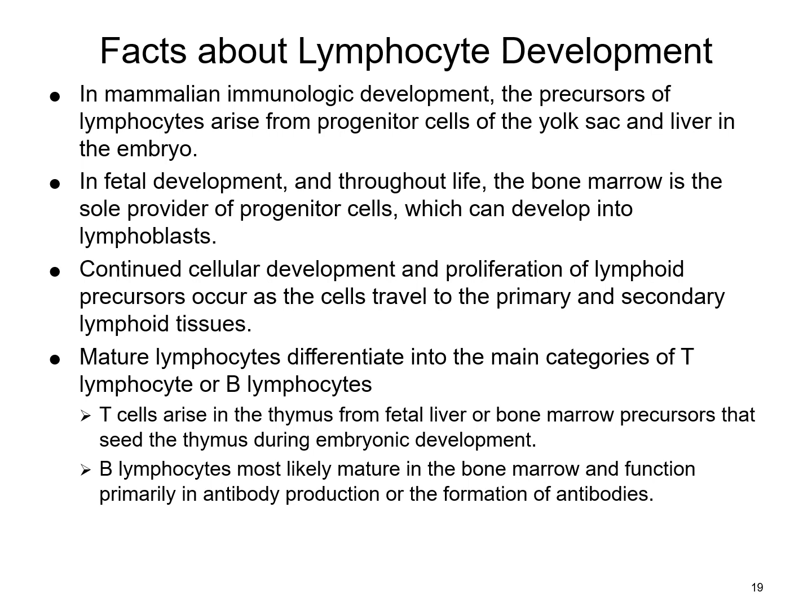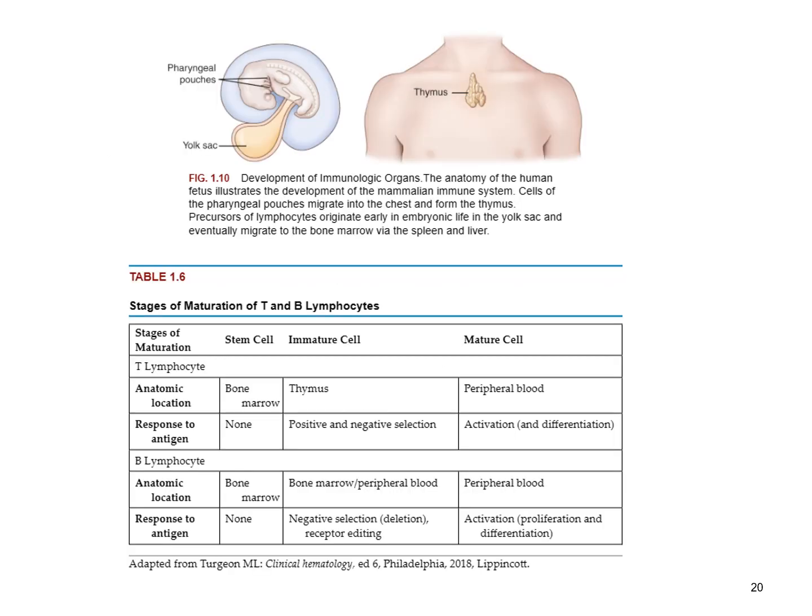And here we have some great images that show you the location of the thymus, as well as the stages of maturation for the T and the B lymphocytes, as far as where you find them, their anatomic location, as far as where the stem cell is produced, versus if it's just an immature cell.